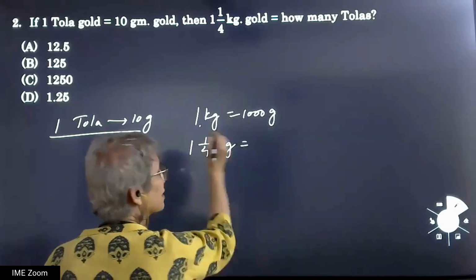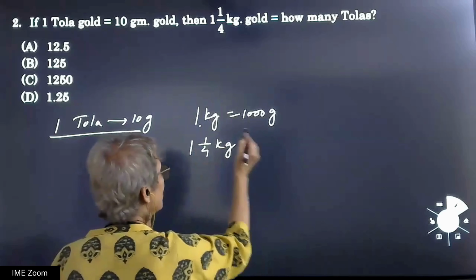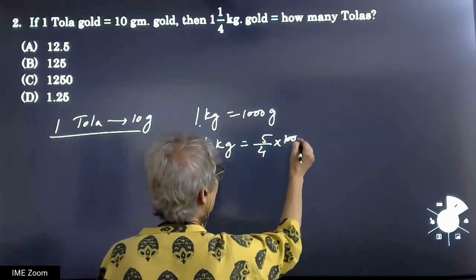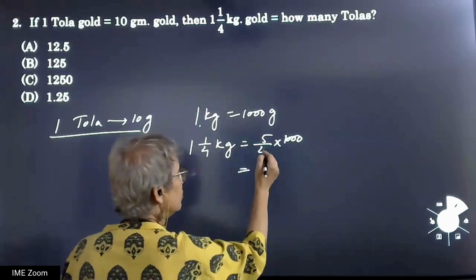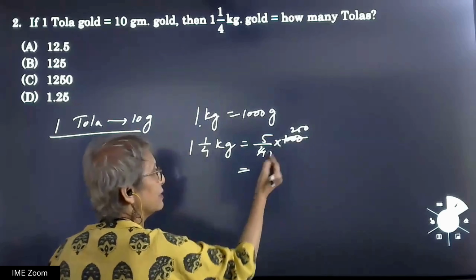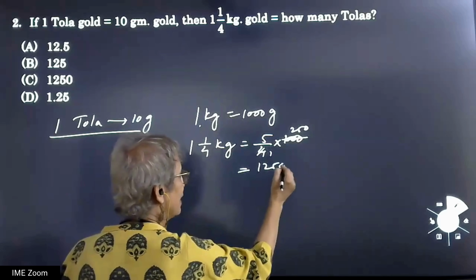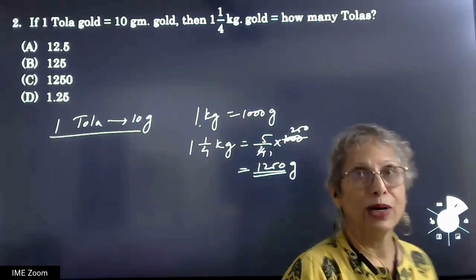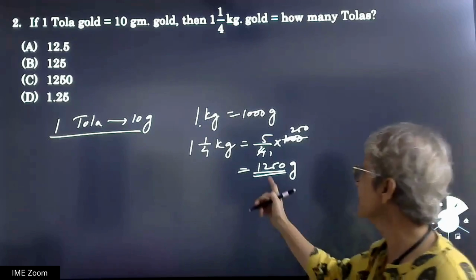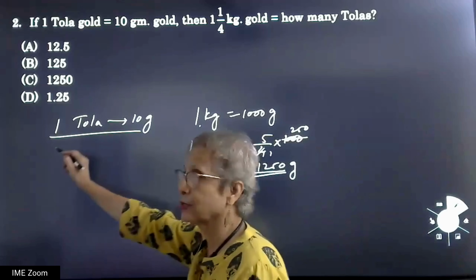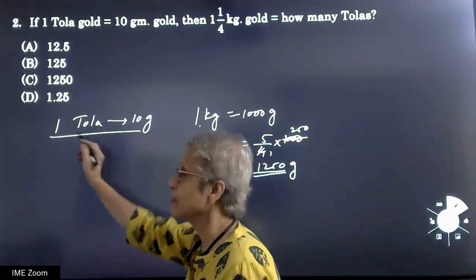This is nothing but convert it into improper fraction. 4 1s are 4 plus 1, 5/4 into 1000. So this is equal to 4 1s are 250 and 25 5s are 125. This many grams. So 1 integer 1/4 kg means how many grams? 1250 grams. Now come back to here. 10 grams gives 1 tola.